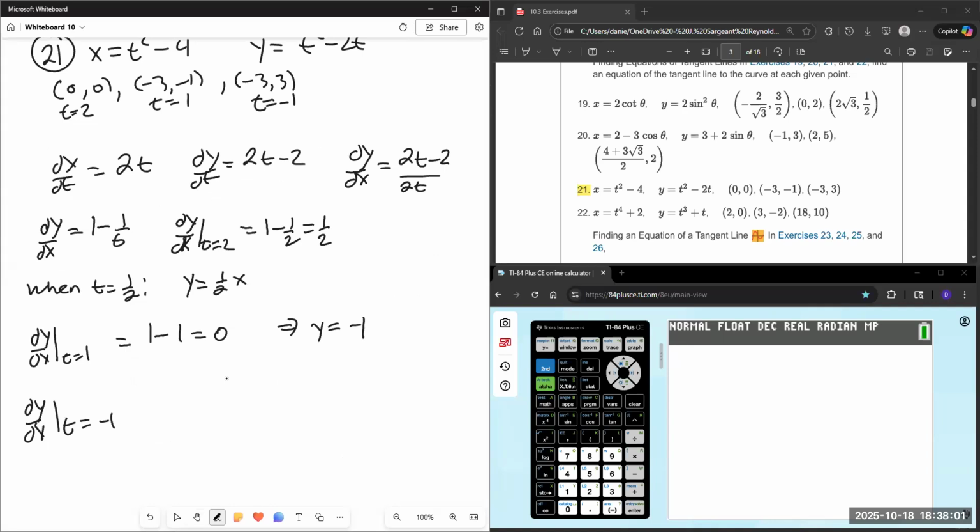Then we have 1 plus 1 is 2, and y minus 3 is equal to 2 times x plus 3. Y minus 3 is equal to 2x plus 6. Y is equal to 2x plus 9.